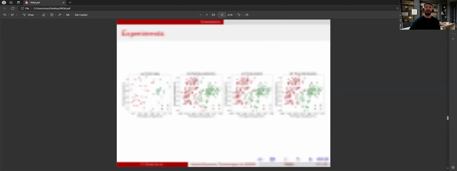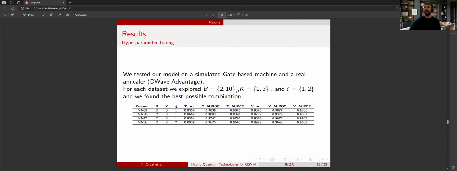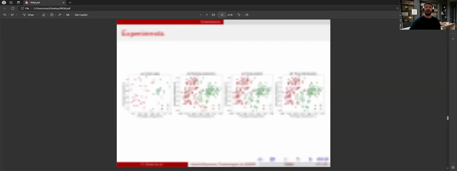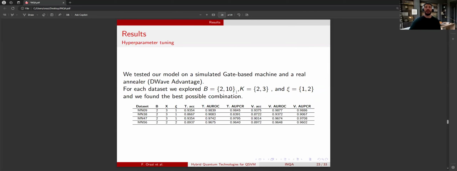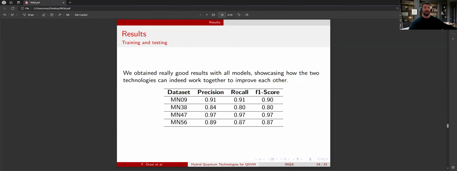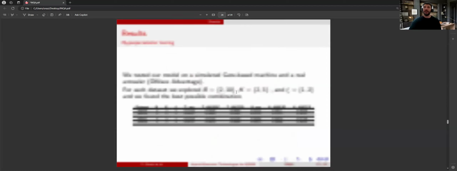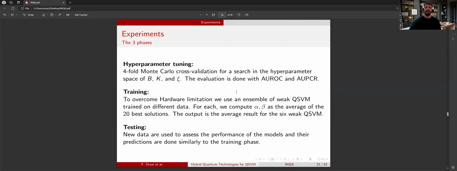I'll take this moment also to thank the authors from the paper I mentioned before, Wilsh et al., because they allowed us to use their code and their previous experiment on the quantum annealers. And our main solution to the limited connectivity and limited number of qubits was to use an ensemble of classifiers. Basically, instead of using a 300 by 300 kernel matrix that has to be encoded inside the annealer, we reduced the number of points in the training set, but we trained multiple models.